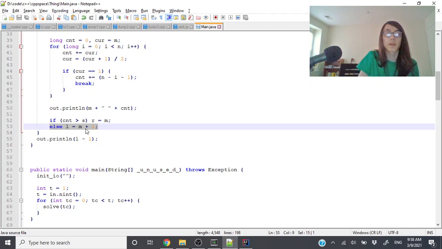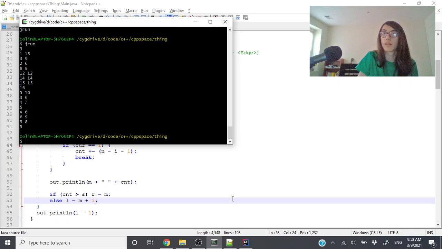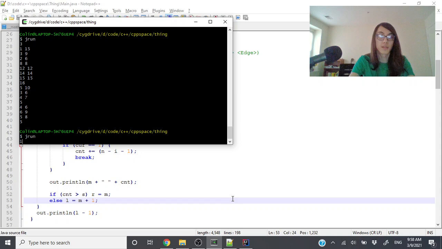So if it works, we're going 1 higher, otherwise we're going lower. So if it works, we're going to be too high. Wait, what? This feels like some weird off by 1 error.